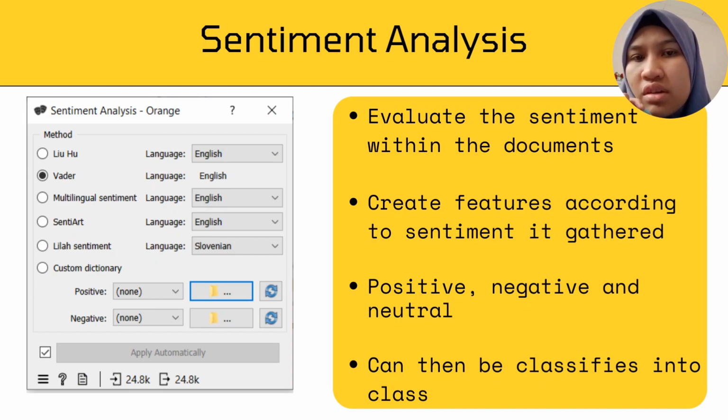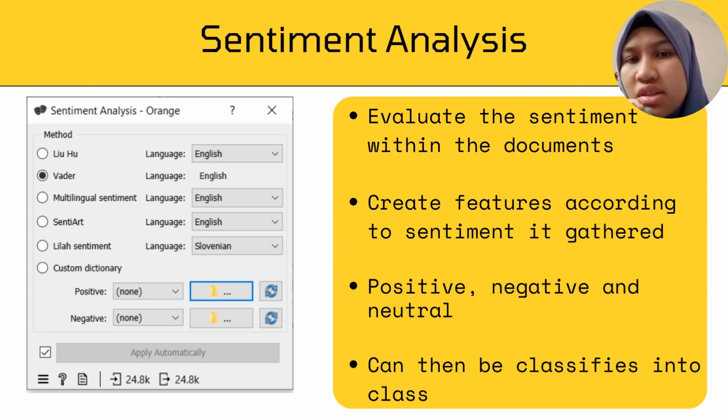Assalamualaikum. My name is YUSRA IQLIMA. Next, the data algorithm used is sentiment analysis, which is already a built-in function in Orange. This is used to evaluate the sentiment within the document, and it also will create features according to the sentiment it has gathered and analyzed.